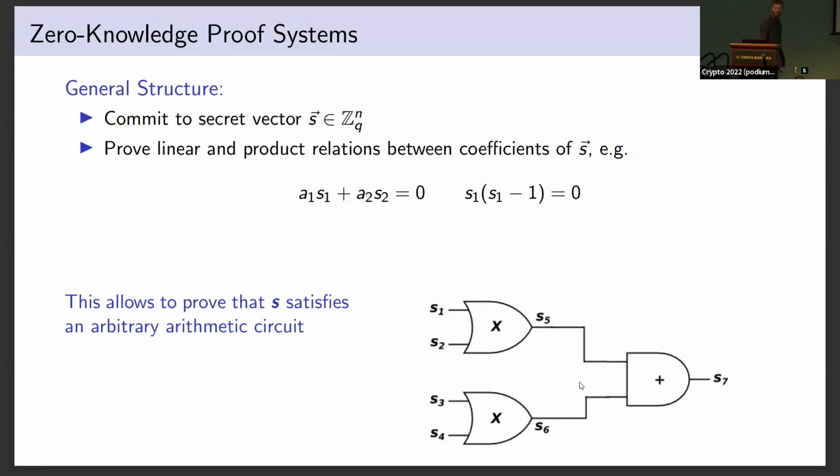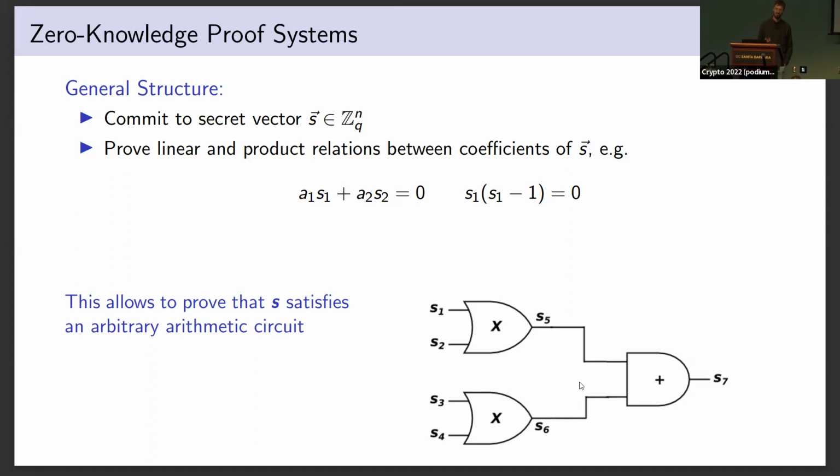Okay, we have seen a couple of zero knowledge talks already in this session, so I don't really have to repeat what a zero knowledge proof system is. Just very briefly, a very common structure for how proof systems are constructed is that one uses a commitment scheme to commit to some vector over some finite field, let's call it s, and then the commitment scheme must allow one to prove, say, linear and quadratic relations on the vector coefficients.